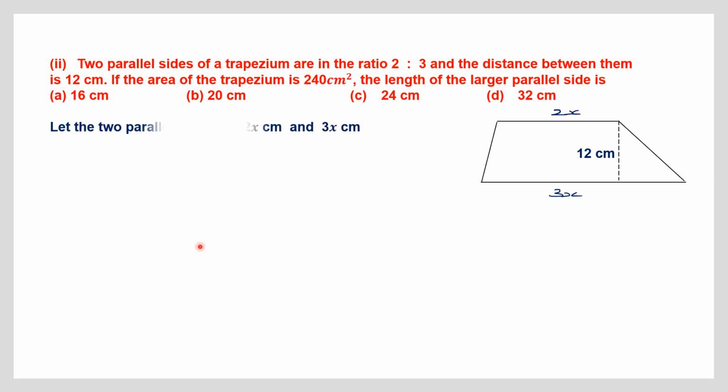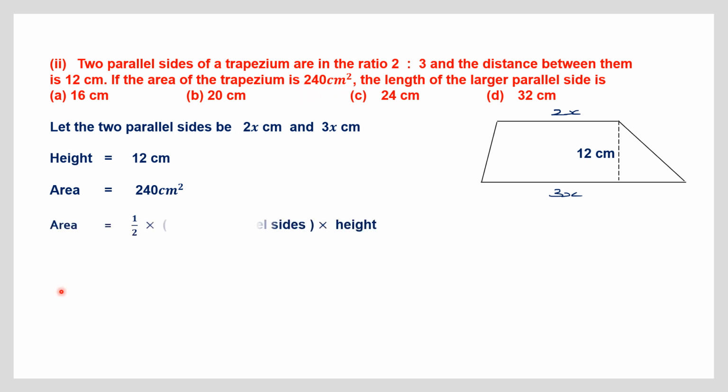So we're going to say let the two parallel sides be 2x and 3x centimeters. The height is given to us as 12 centimeters and the area is also given to us as 240 centimeters square. Now what is the formula for area? The formula for area is half into sum of parallel sides into height, and area is already given to us. Let us substitute wherever we can.